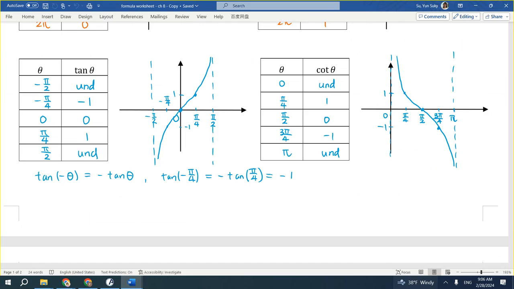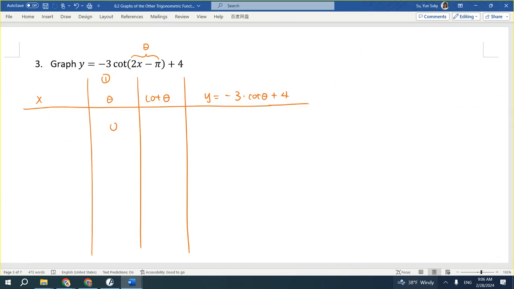We have the theta values 0, pi over 4, pi over 2, 3 pi over 4, and pi. If you forget to bring your worksheets, feel free to take notes on your notebook.